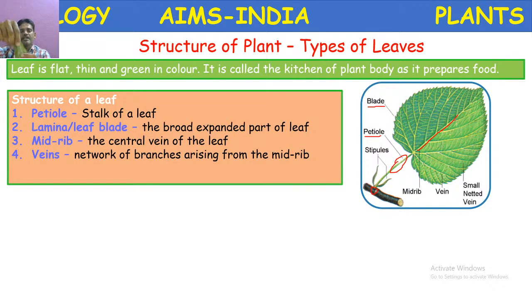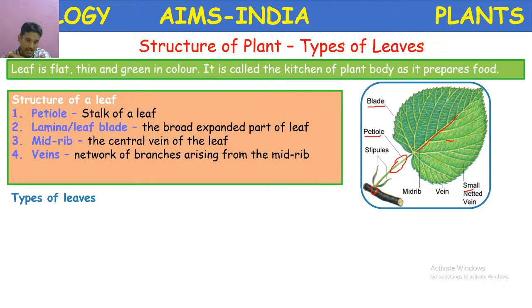Then veins are arranged like this. Depending upon dicot and monocot, it is a dicot plant, so the veins are arranged reticulately, reticulate venation like this. Okay. Next, the network of veins are called veinlets. These are veinlets and these are veins.